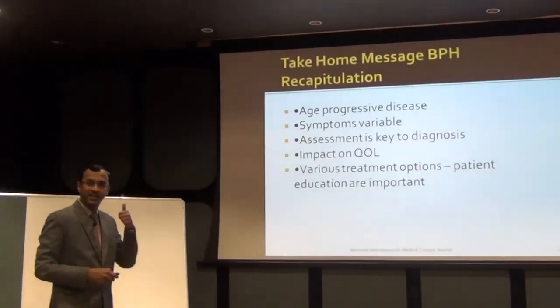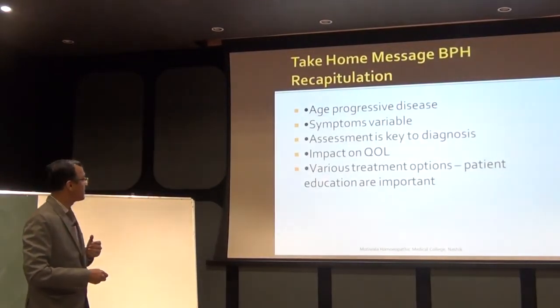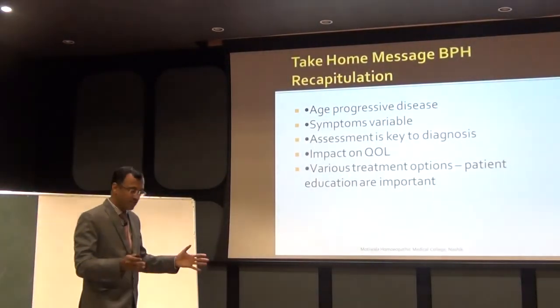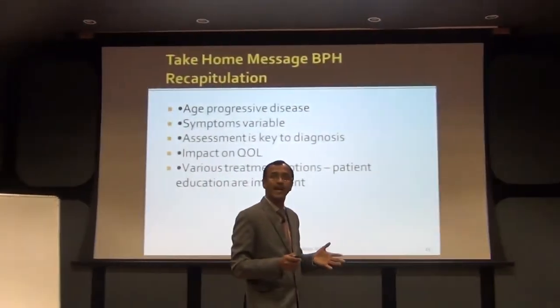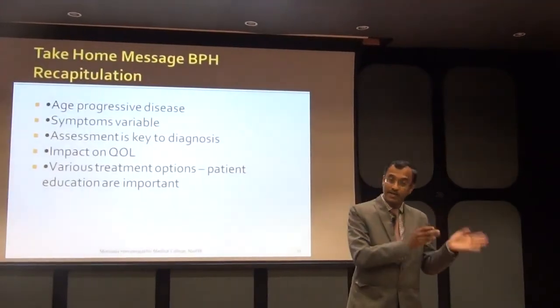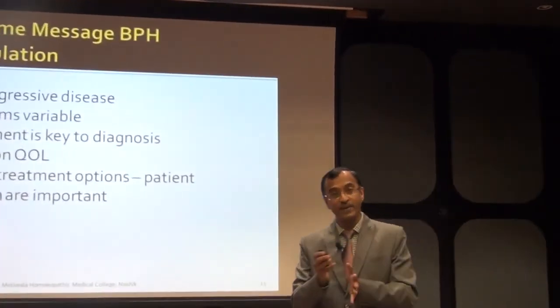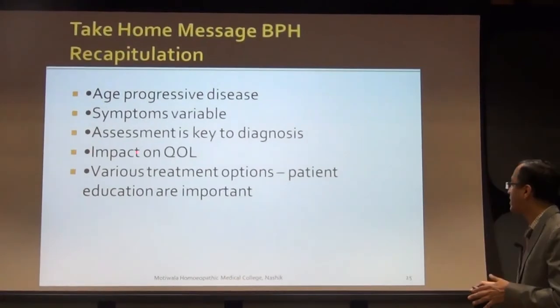It has a great impact on the quality of life in an elderly person, and various treatment options are available. So we need to educate our patient that it is not only surgery; it may be medicine, and if medicines are failing, if the condition is worsening, then only can one resort to surgical intervention.